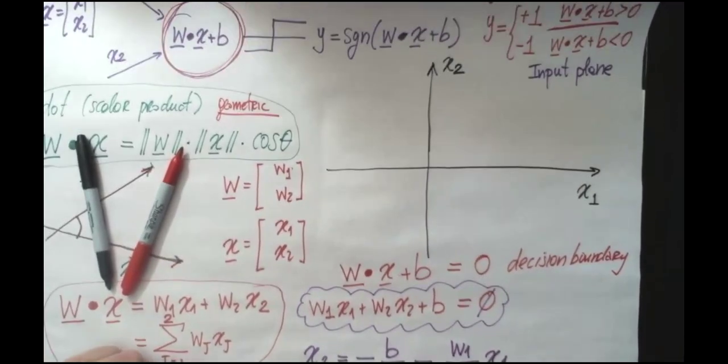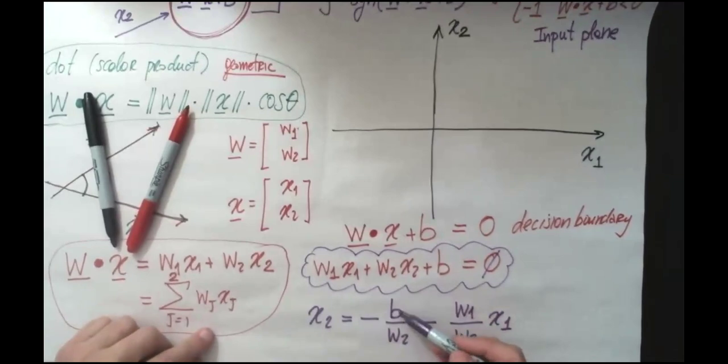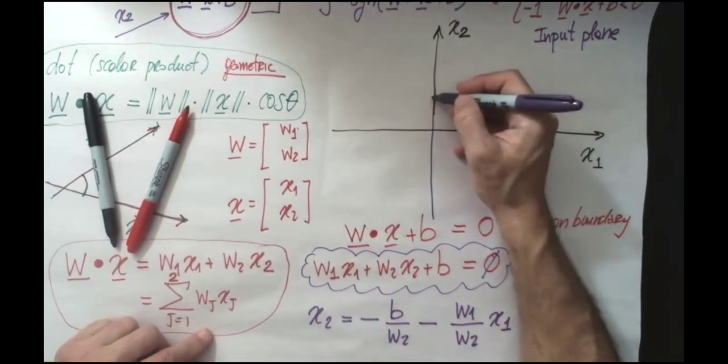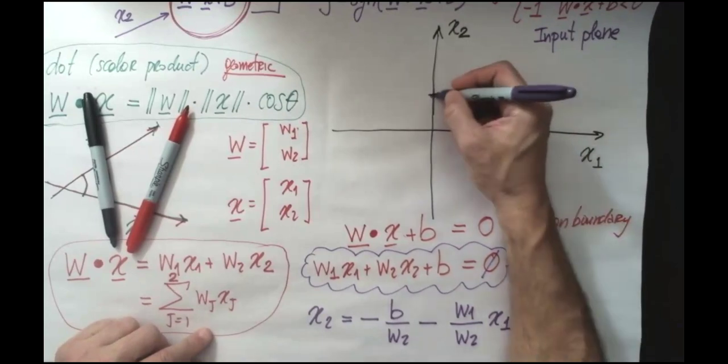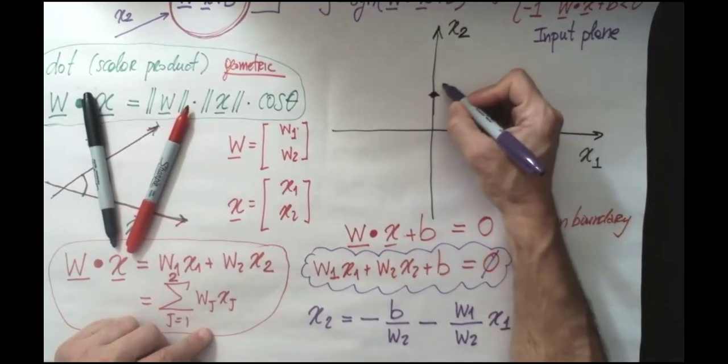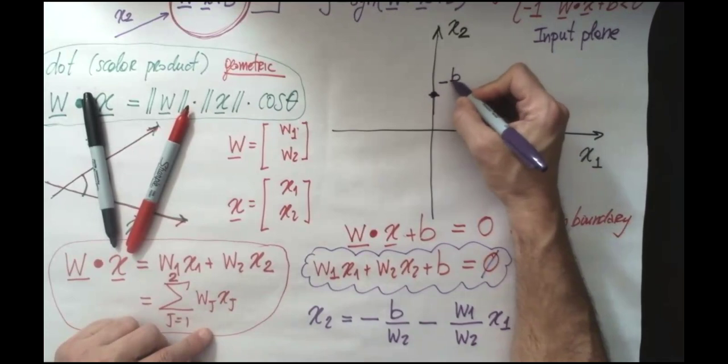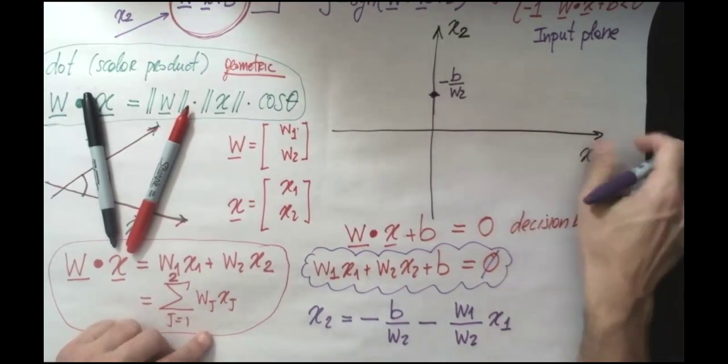And so, depending upon the values of w1, w2, and b, the perceptron parameters, for example, when x1 is equal to 0, we know that the line will pass through the point minus b over w2.